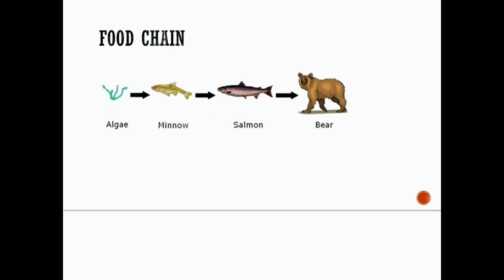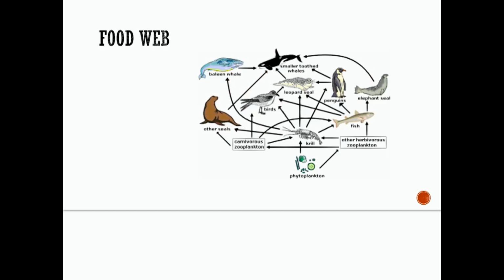So the arrow points from the organism that's being consumed to the organism that is receiving that energy. So the energy from the algae is transferred to the minnow. The energy from the minnow is transferred to the salmon. The energy from the salmon is transferred to the bear.